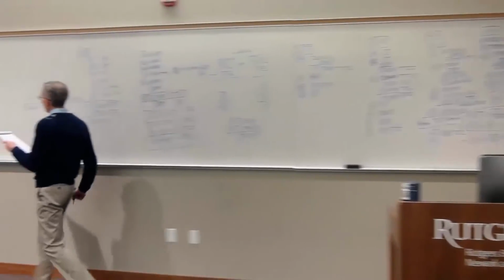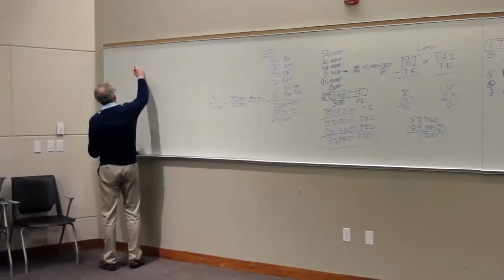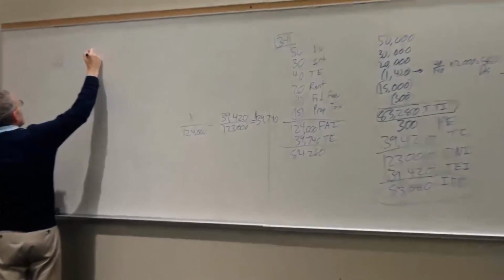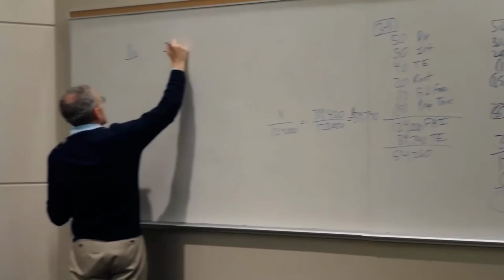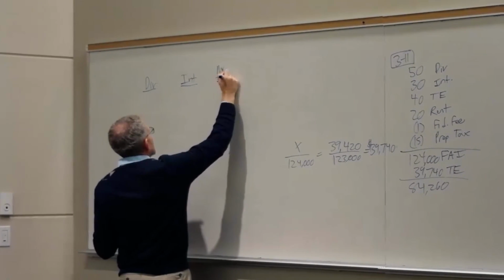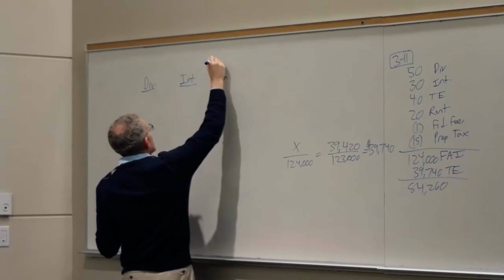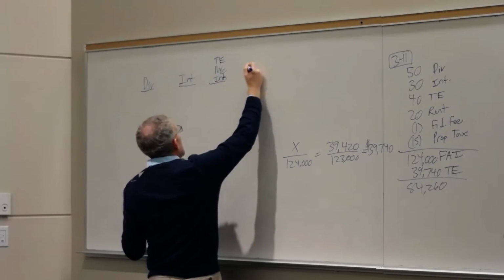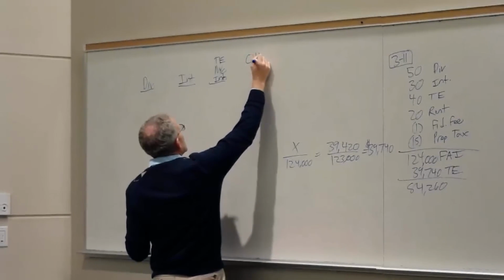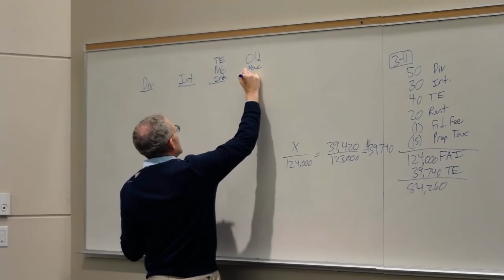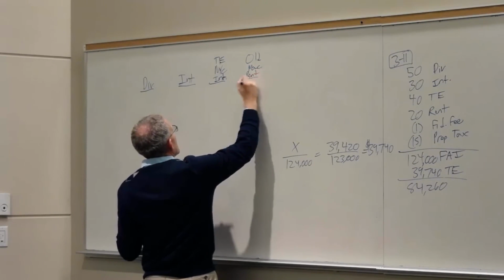So we have dividends. We have interest, taxable interest from Chrysler. We have New York City interest, which is tax exempt. And we have Old McDonald rent, which is 20,000.